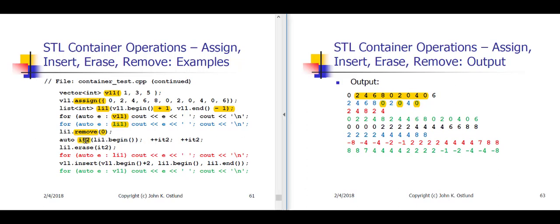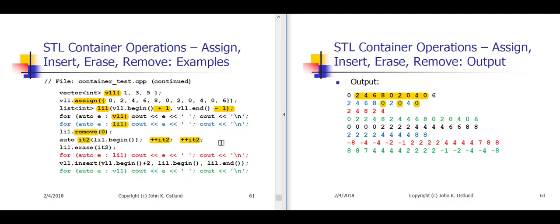Notice here I'm declaring an iterator, it2, initialized with li1.begin. Now a list does not have random access iterators, but it does have forward iterators, and so I can increment my iterator once and twice to move the iterator ahead 2 positions.